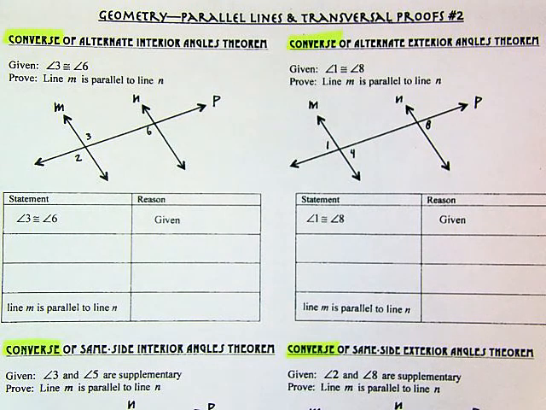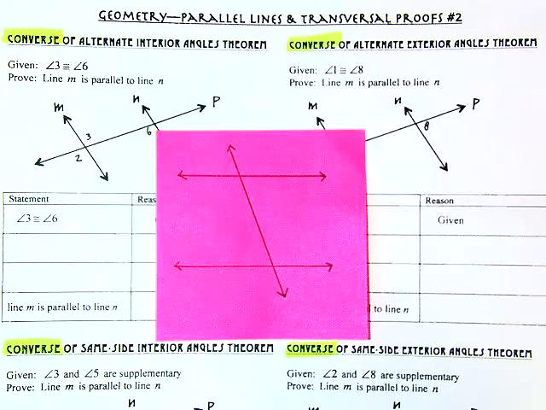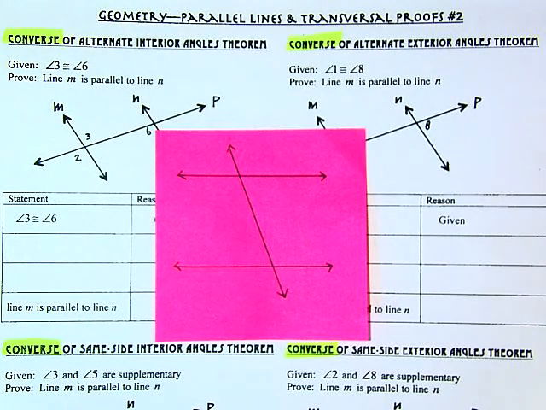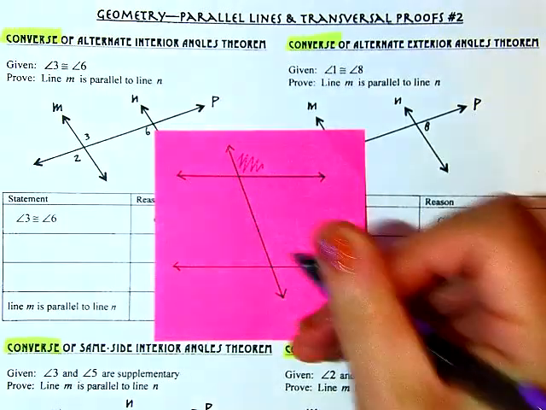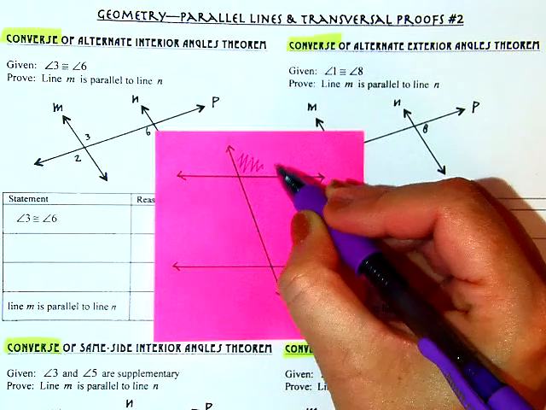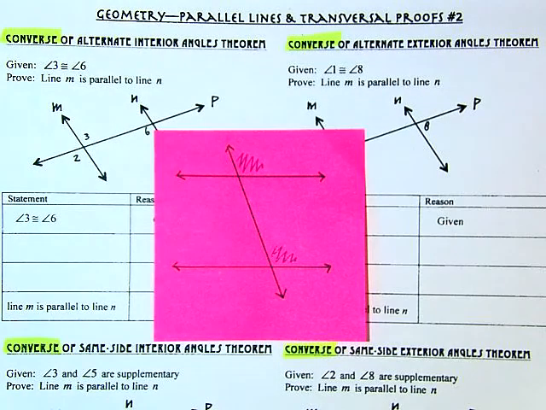One thing that you're going to see me do in all of these proofs, imagine a visual like this. Here I have two lines cut by a transversal. I'm going to try to build up to showing that I have a pair of corresponding angles that are congruent. For example, this angle right here, upper right hand region, and this angle right here, upper right hand region.